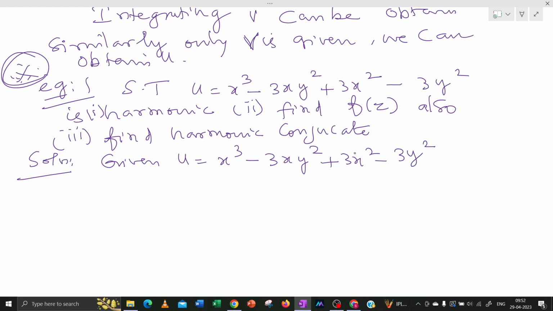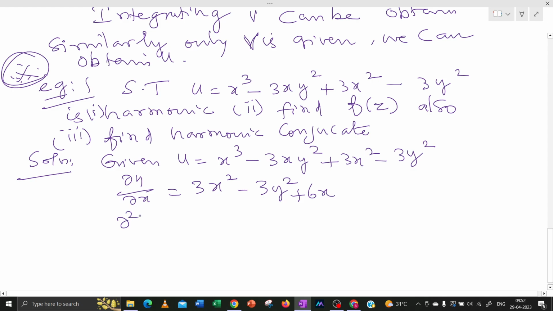So what is ∂u/∂x? ∂u/∂x is 3x square minus 3y square plus 6x. ∂²u/∂x² is 6x plus 6.